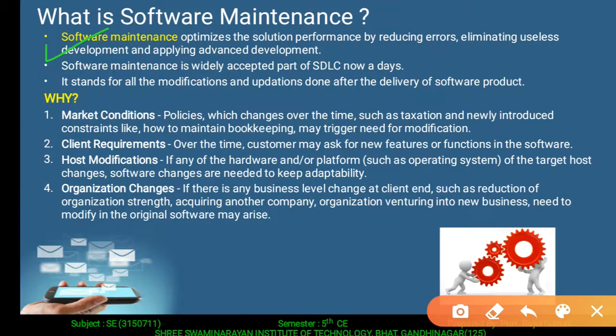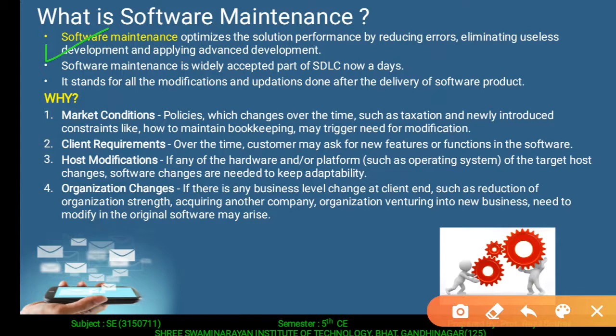So it is the process we require to update a particular software and remove errors. Software maintenance is widely accepted as a part of the software development lifecycle nowadays. It stands for all the modification and updation done after the delivery of the software product.